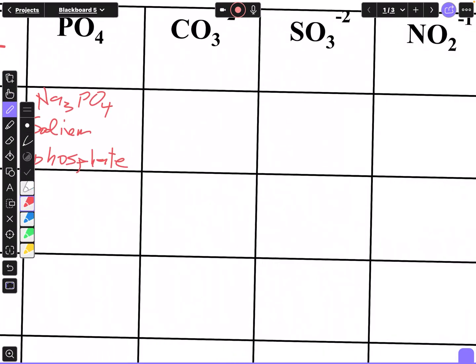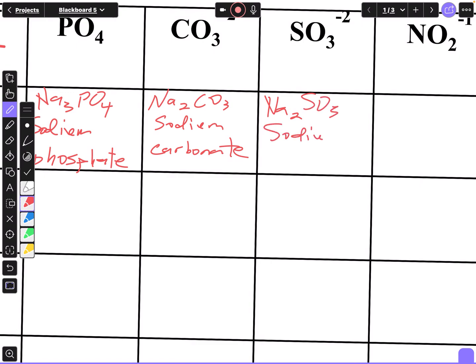Just a few more. Na +1 bonds with CO3 -2. When I cross them, I get Na2CO3, sodium carbonate. Next, Na +1 and SO3 -2 gives me Na2SO3, which is sodium sulfite.